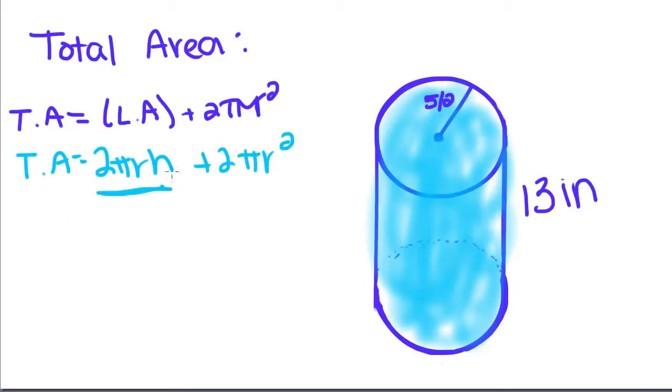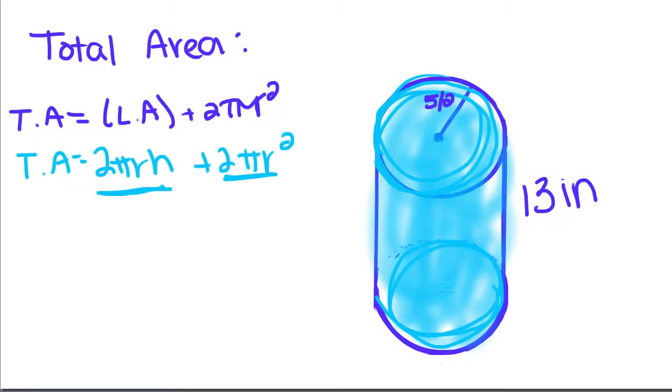This part gives us the area of both of these bases. This part gives us the lateral area. And when we add them together, we get total area.